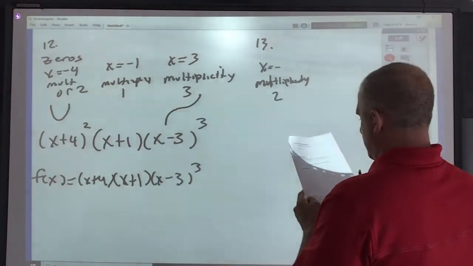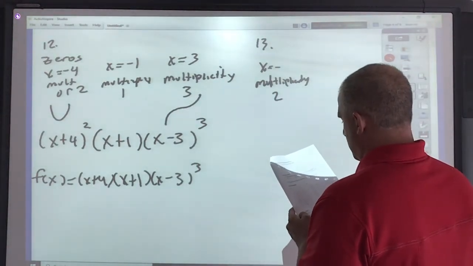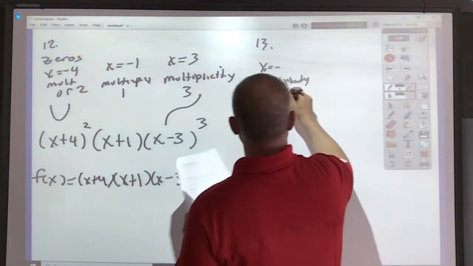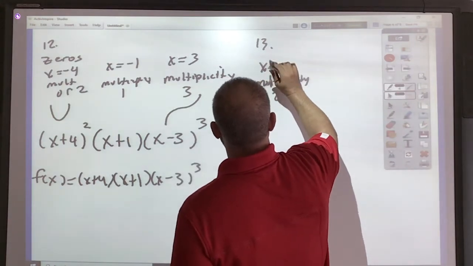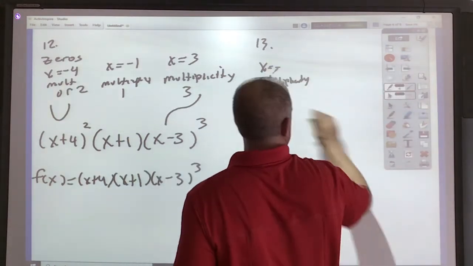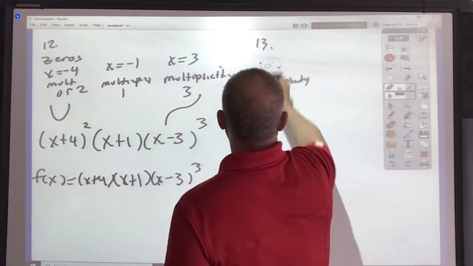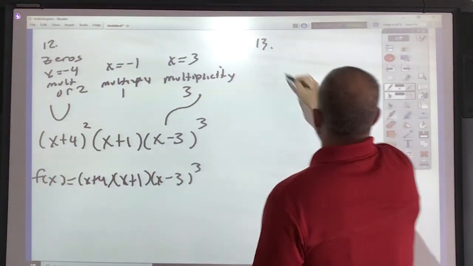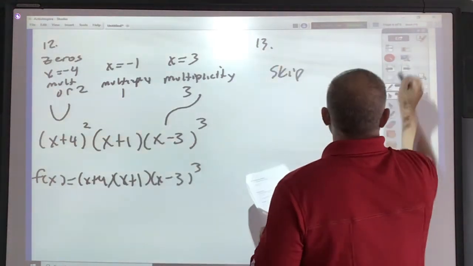Geez, let's just skip 13. I can't tell from the graph. The graph's too far zoomed out. So we're just going to skip 13. Don't worry about 13. If you can do 12, you're good.